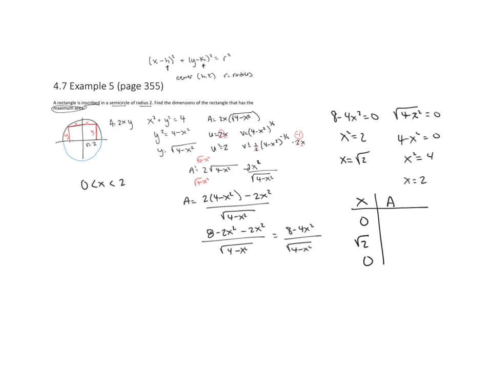So when my x value is 0, my area is going to be 0, and same when my x value is 2, my area is also 0.